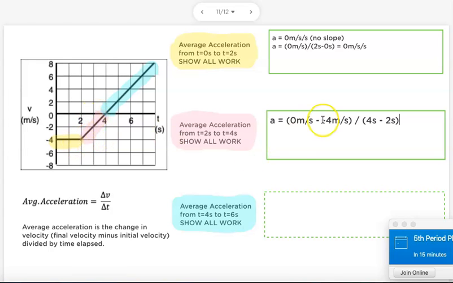Negative 4 meters per second is my initial velocity. So negative times a negative is a positive. That gives me 4 meters per second divided by 2 seconds. That gives me an acceleration of 2 meters per second squared, and that's positive.